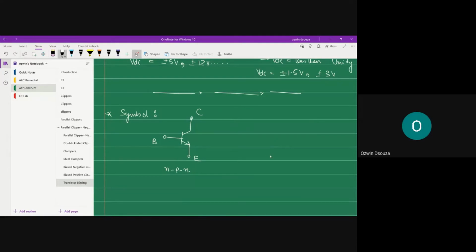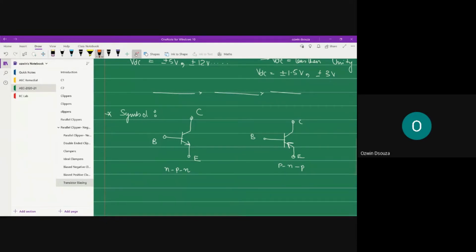Then you also have the PNP transistor: emitter, collector, and base. In case of the PNP transistor, the current direction is inward. So that's your device symbol.